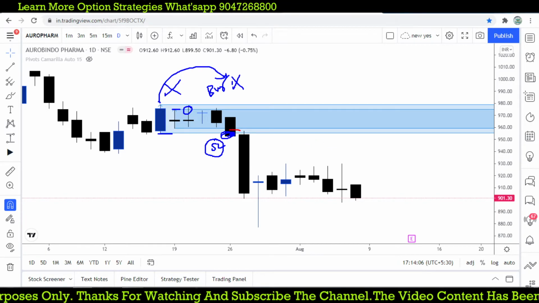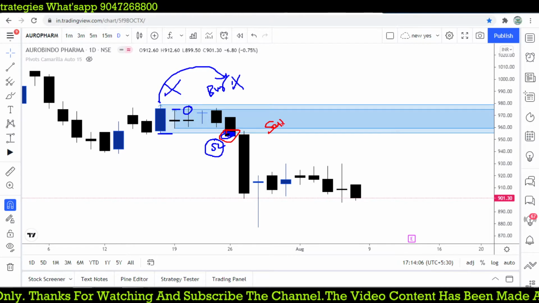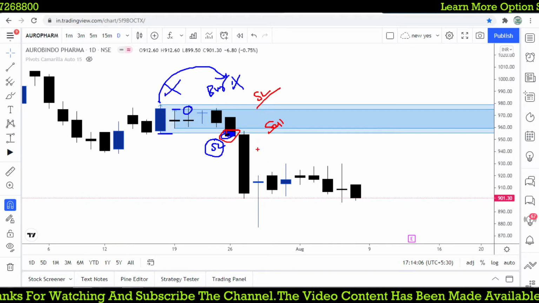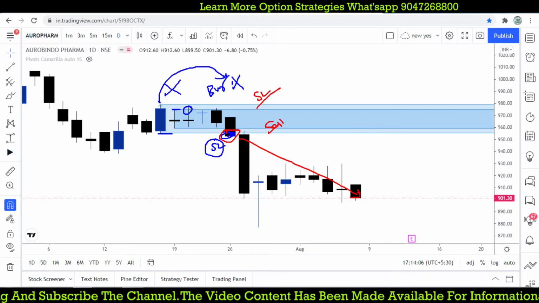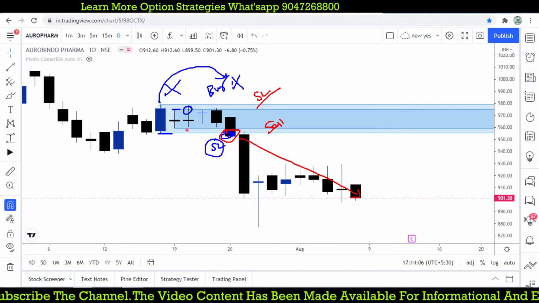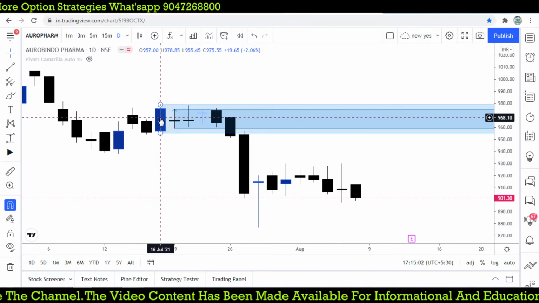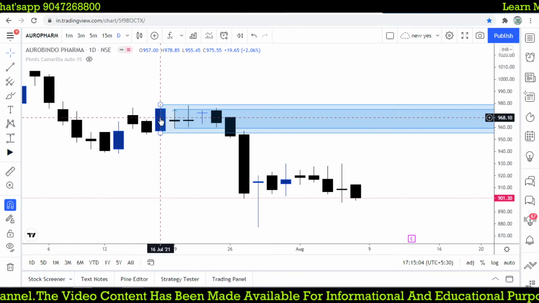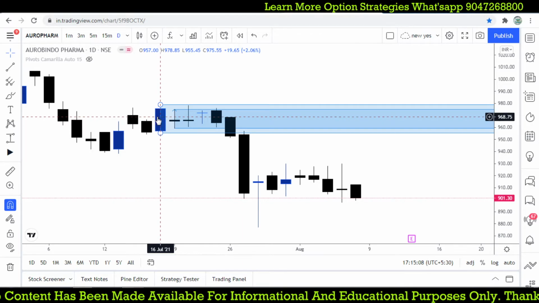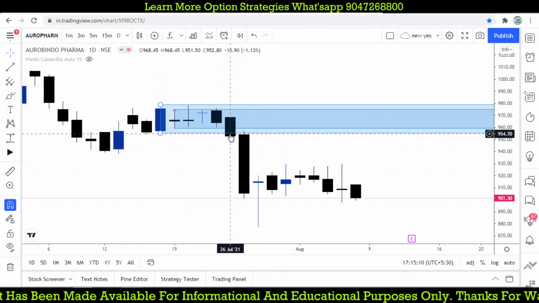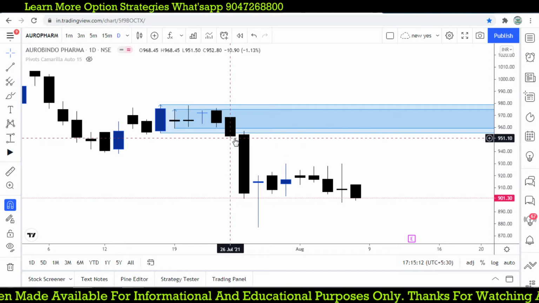I'm going to sell at this point with the stop loss above that, and now the market is moving down. So the risk which I've taken is from 978 to 955, the low is 955, almost 23 points is my stop loss. That day, 26th July, my sell entry was triggered.